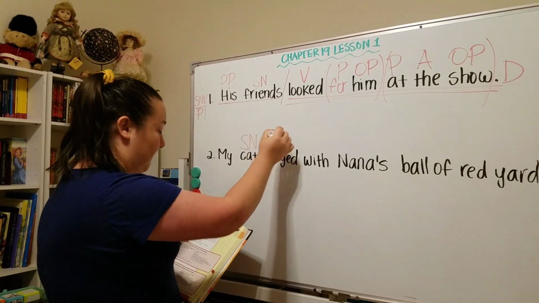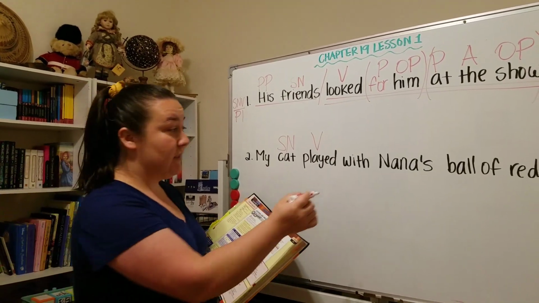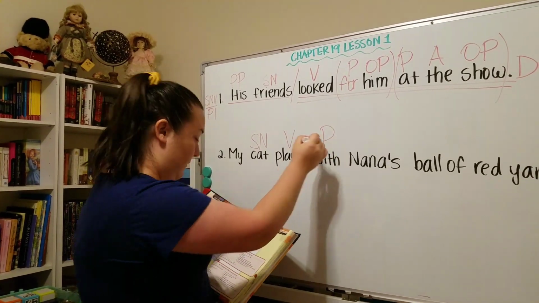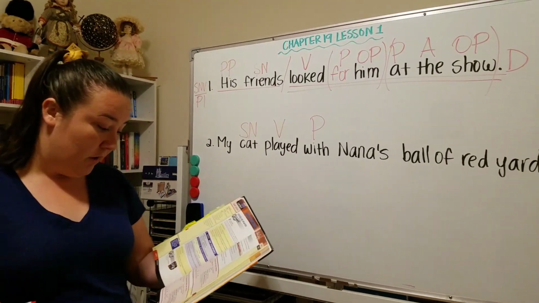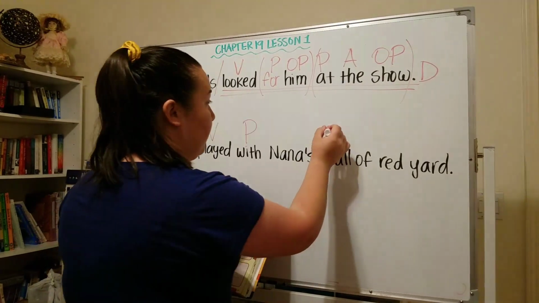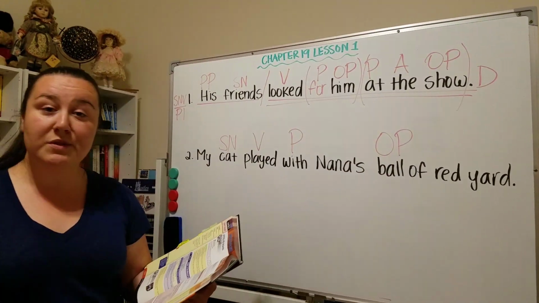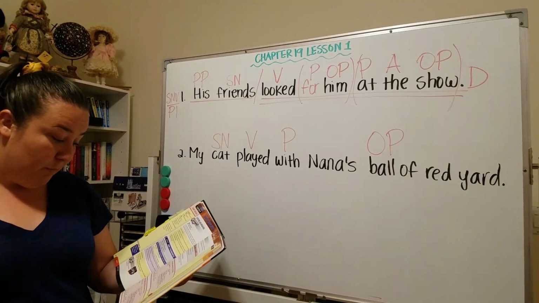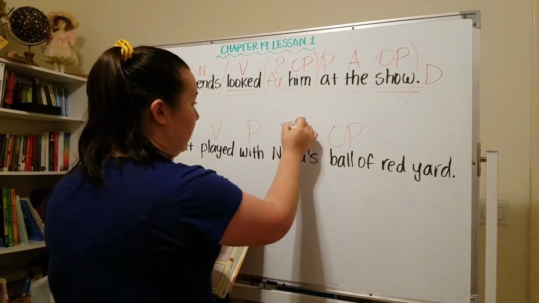Verb. With, preposition. With what? Ball. Object of the preposition. Whose ball? Nana's ball. Possessive noun.